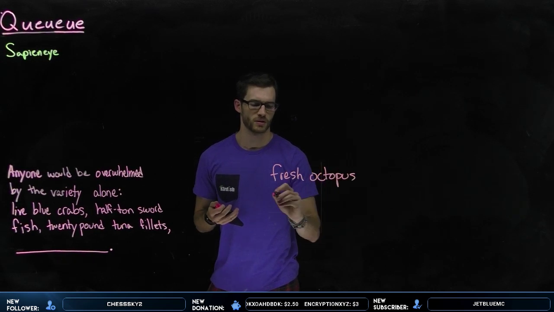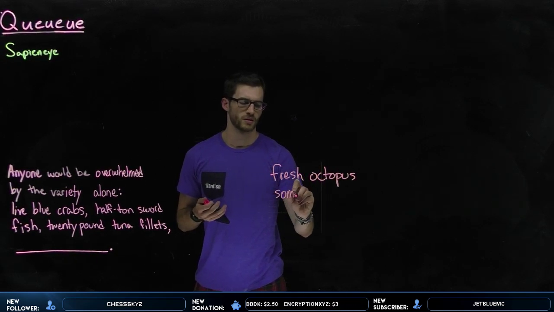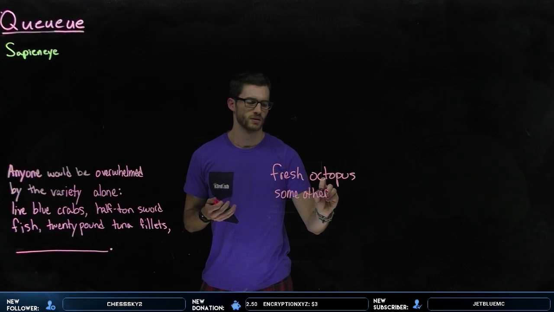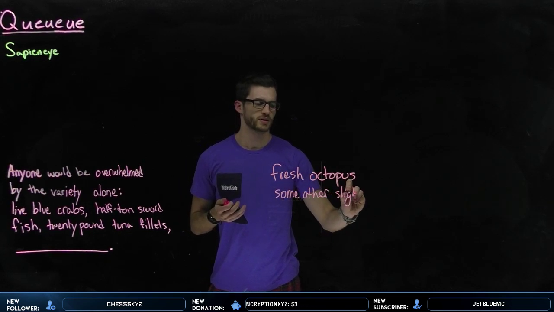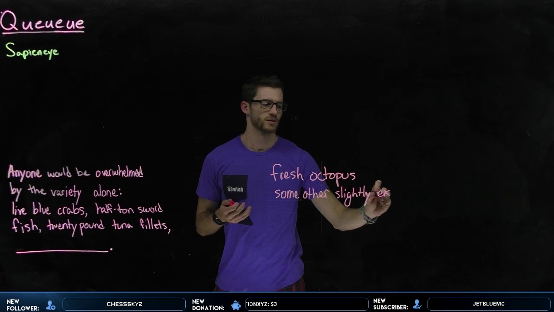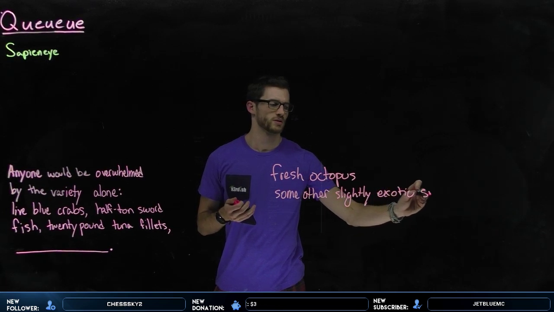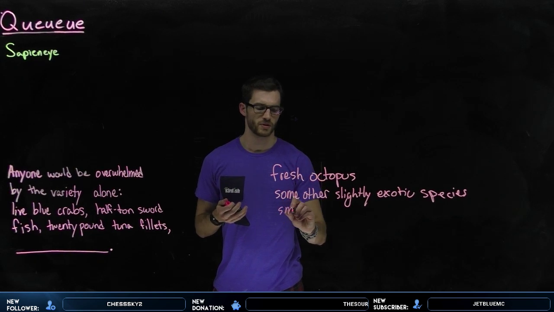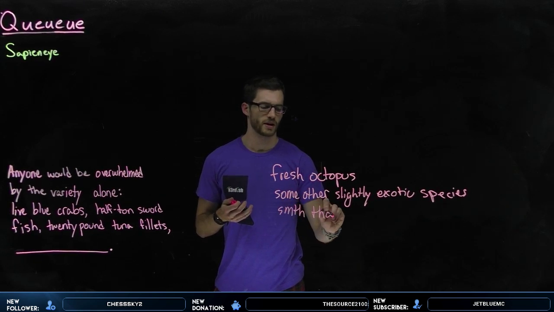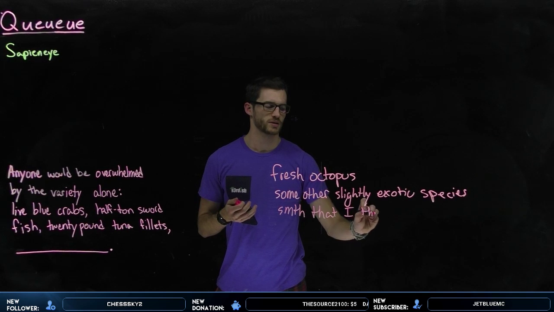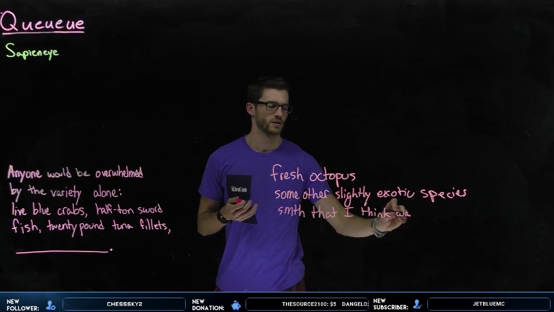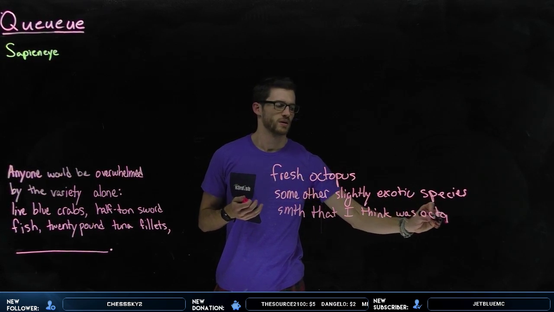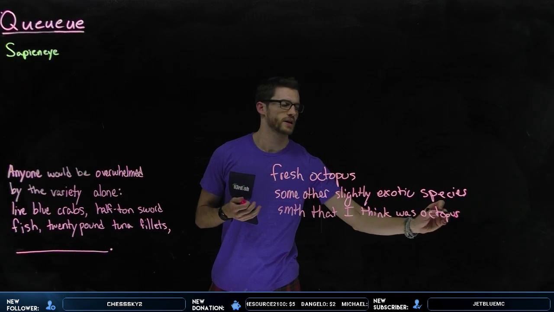Some other slightly more exotic species. Yep. What's the next we have? Something that I think was octopus. Then just etc. So Plaster Hippie, what was your original answer here?